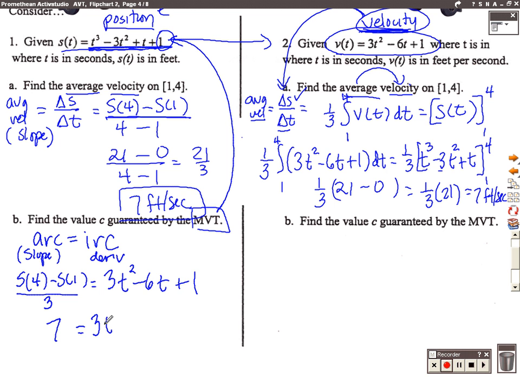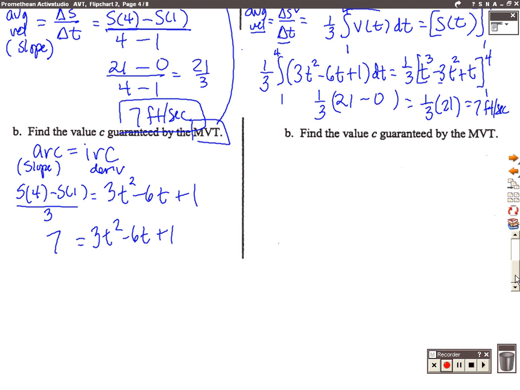So 3t squared minus 6t plus 1. This is quadratic, so I'm going to set it equal to 0, and I get 0 equal to 3t squared minus 6t minus 6, which is t squared, I'm dividing everything by 3, minus 2t minus 2.